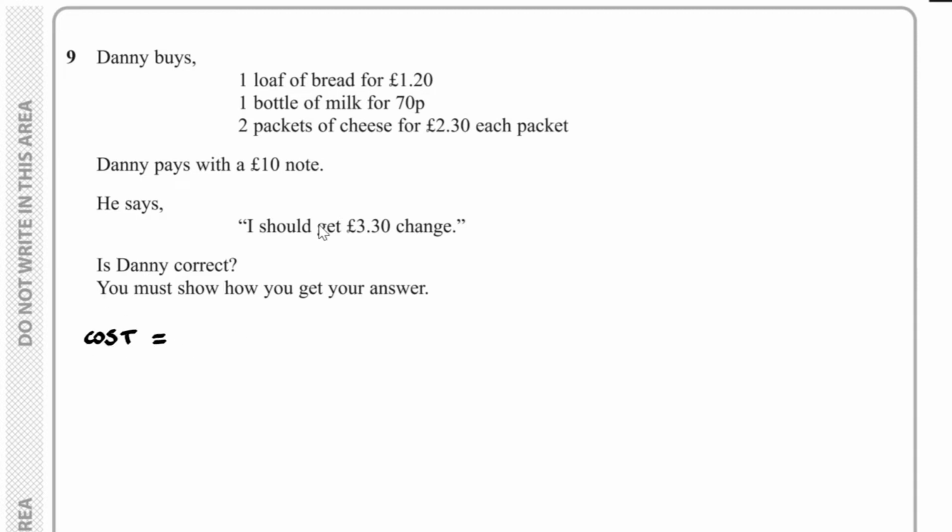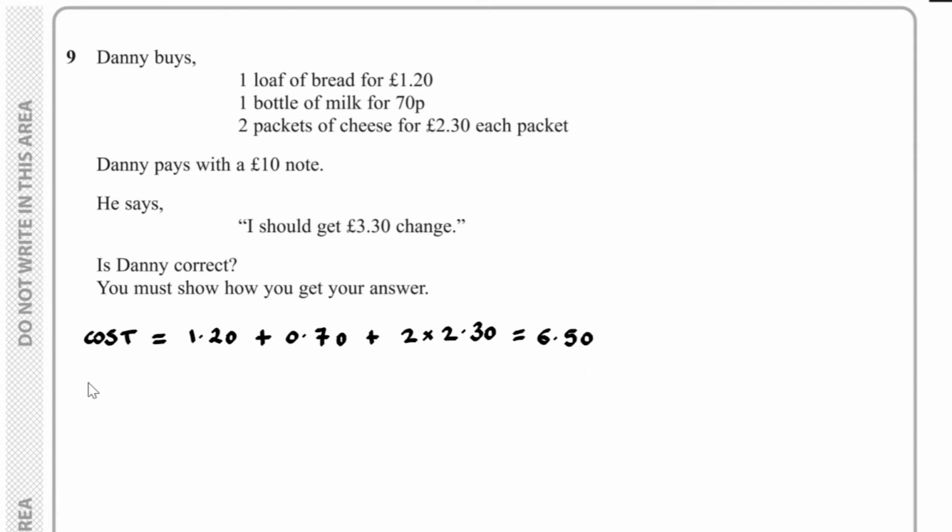We've got 1 loaf of bread, which is £1.20, a bottle of milk, which is 70p, or £0.70, and 2 packets of cheese. So we have 2 multiplied by £2.30, and if I work out all of this, I get £6.50.